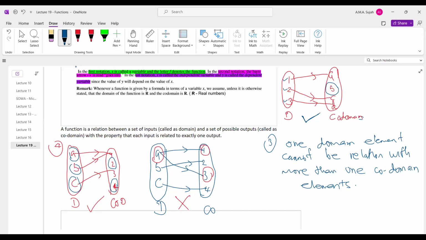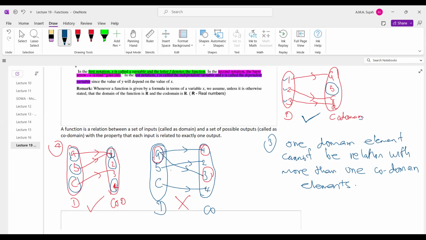The fourth point says it is possible for one codomain element to have a relation with more than one domain element. What is not possible is one domain element having two outputs.